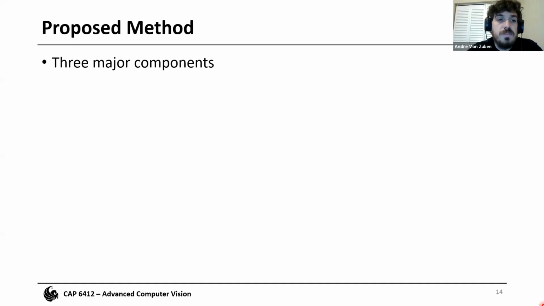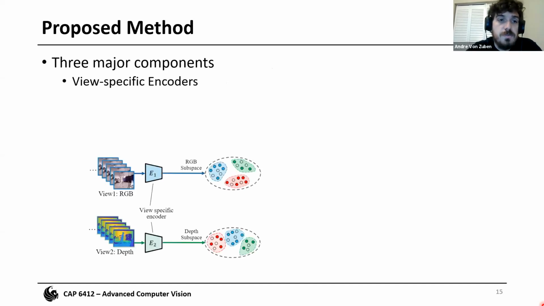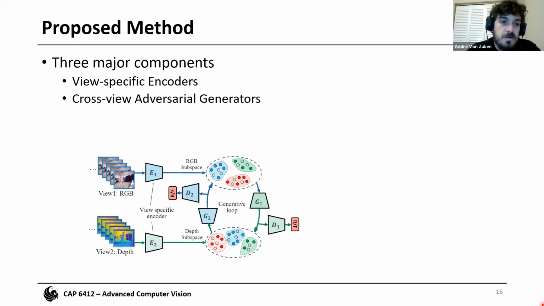So to overcome this challenge, the authors proposed three major components. The first one is the view-specific encoder, to learn the different features from each of the views. The next one is a cross-view adversarial generator, which can handle the missing or incomplete view sequence scenario.